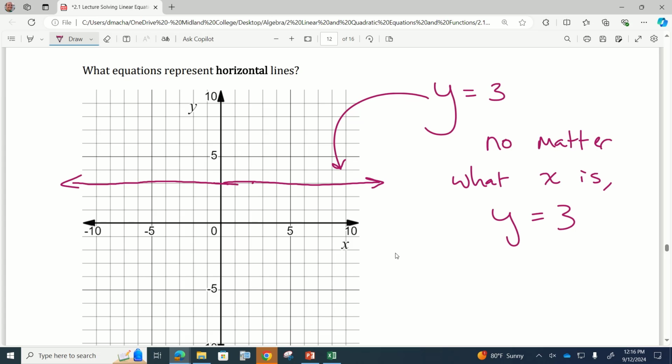Y is always 3. No matter what the value of x is, y is always 3. That makes a flat line in the plane in order to keep your y value always 3. So, in other words, the kind of equations that represent horizontal lines are the equations that look like y equals some constant number. Okay?